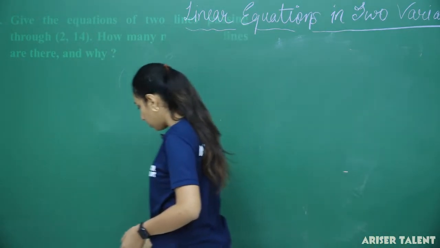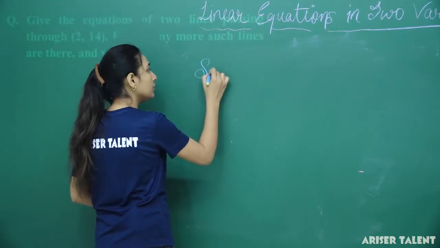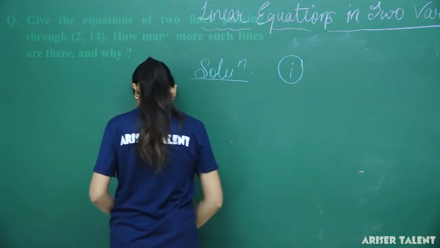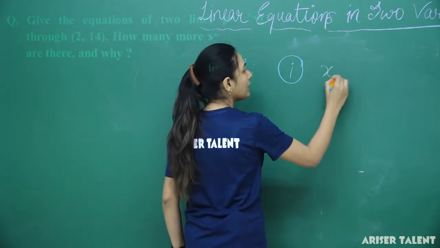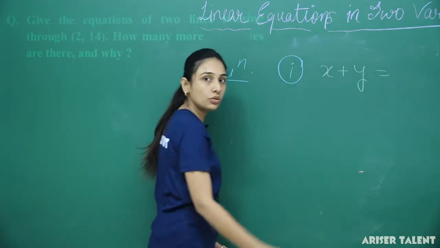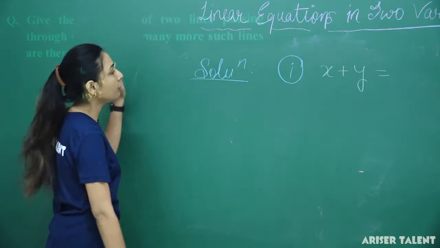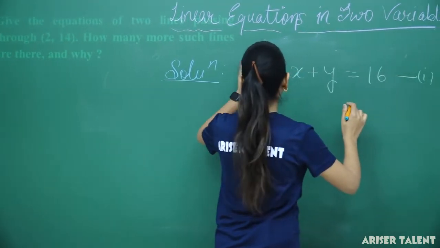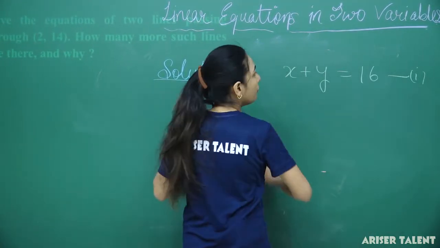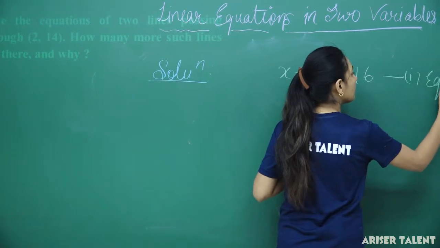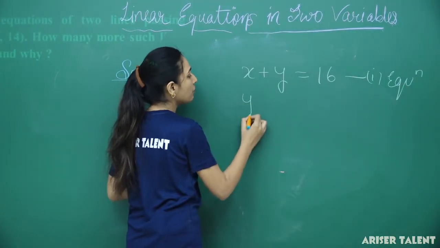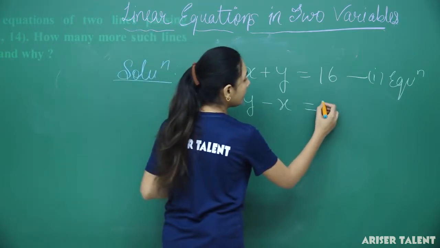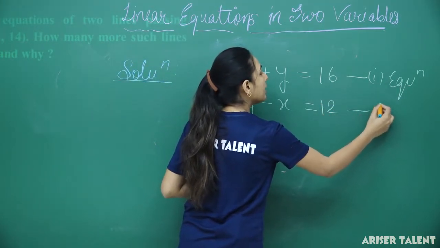So simply as a solution, now you understood it, I can tell that the first part is x plus y equals 16, as we got from 2 and 14, the first equation. And then y minus x, where y is 14 minus 2, that is 12, the second equation.